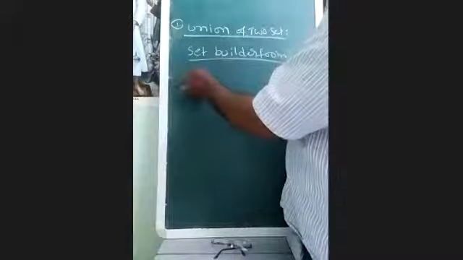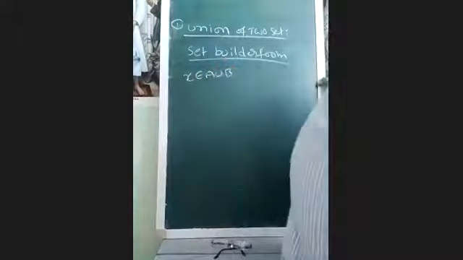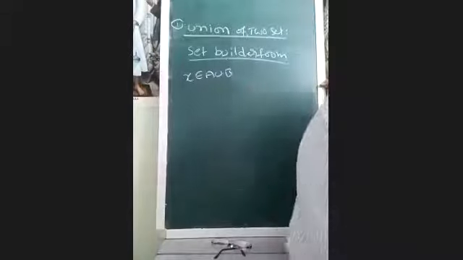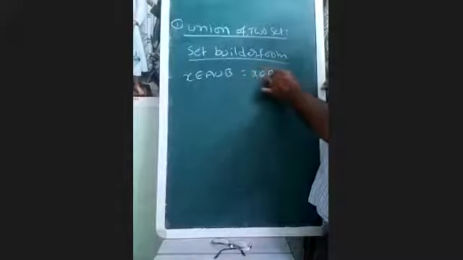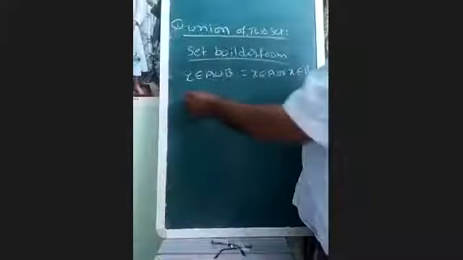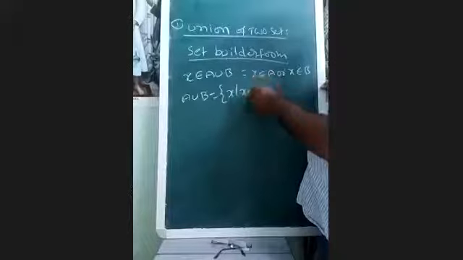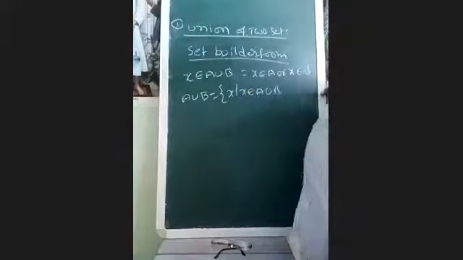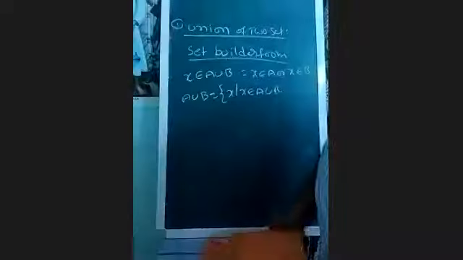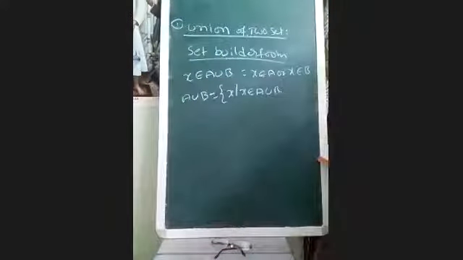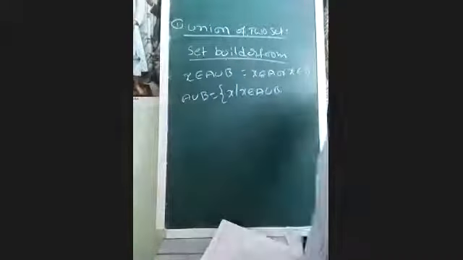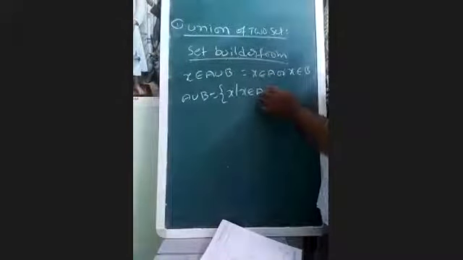For example, X belongs to A union B means X belongs to A or X belongs to B. A union B is equal to {X such that X belongs to A or X belongs to B}.